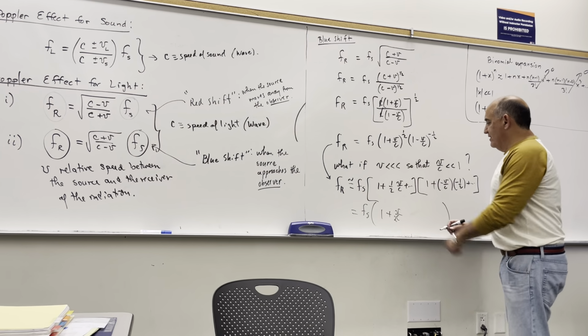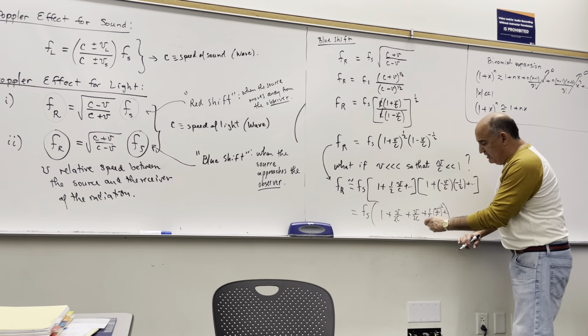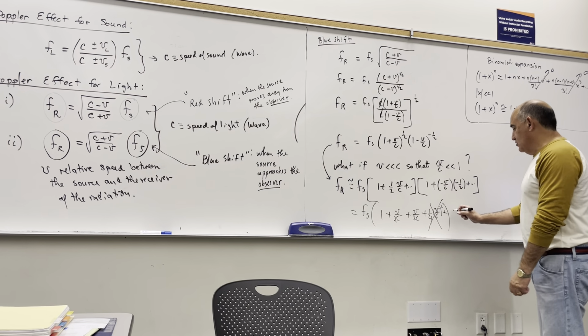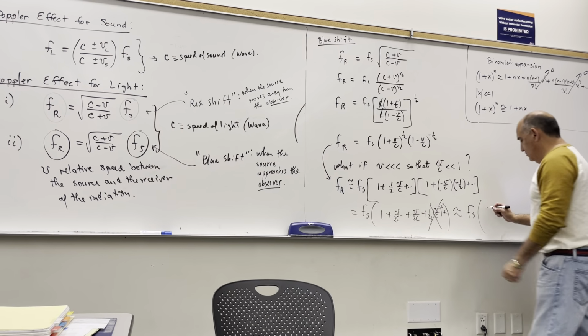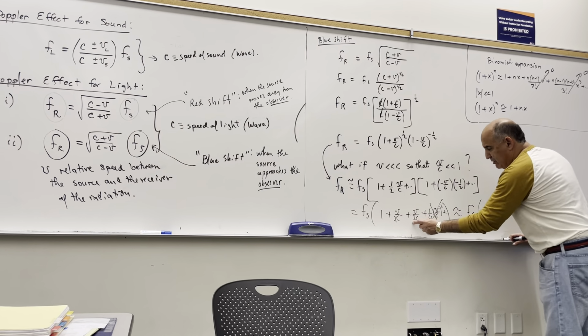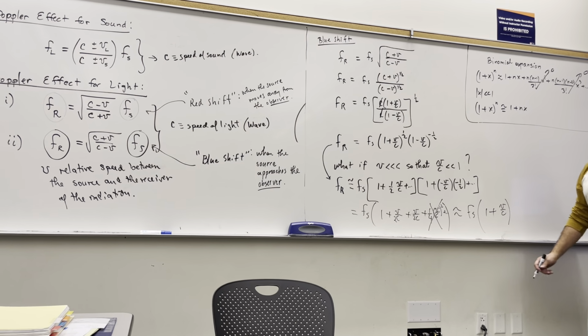And then when I multiply this by this one, I'm gonna get plus 1/2 times 1/2 is 1/4, and then v over c squared, plus other terms. And if I compare these terms, the v over c squared is much smaller than v over c. So I'm gonna throw this out, and so this approximates to f of s times 1 plus, and then I have 1/2 plus 1/2 is 1, so it's v over c. So this is the approximation.